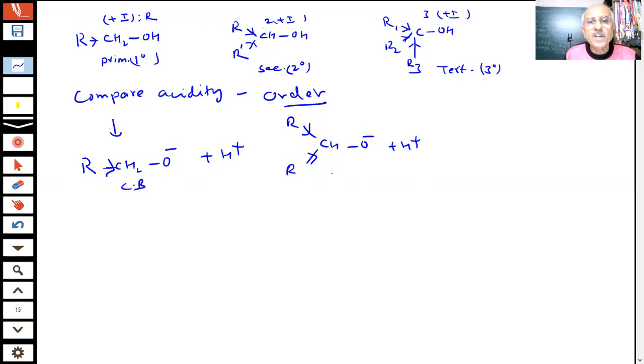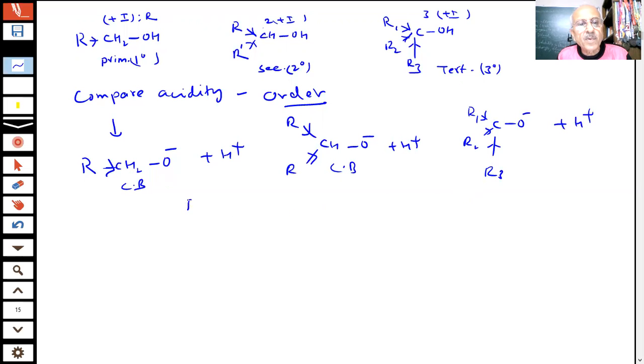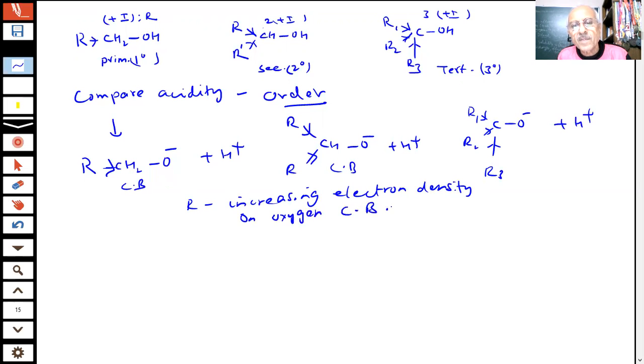This is my conjugate base, so it will become less stable. The more the negative charge, the less stable it is, and it will go back and react with H plus. Here you have three R groups, R1, R2, R3, giving electrons, so the R groups increase the electron density on the oxygen of the conjugate base.